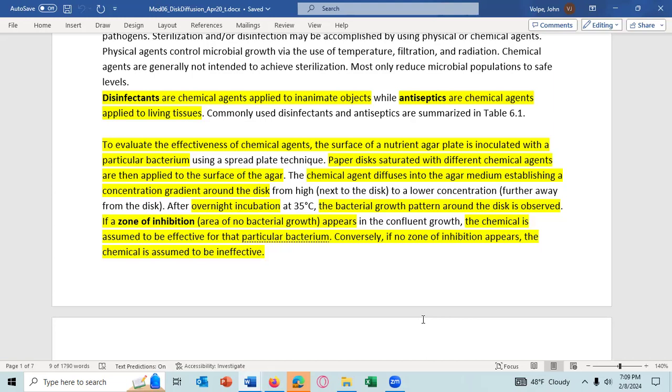If the size of the zone of inhibition is above a certain value, then it would be sensitive to that antibiotic. And if the size of the zone of inhibition is less than a certain value, then we would say that bacteria was resistant to that antibiotic.